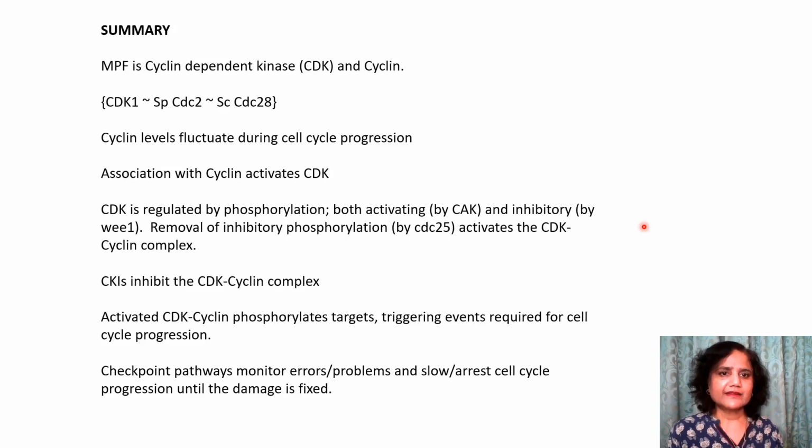The activated CDK cyclin complex phosphorylates important targets, triggering the events which are required for cell cycle progression. And furthermore, checkpoint pathways monitor errors or problems in the cell, and they slow down or arrest the cell cycle progression until the damage is fixed.